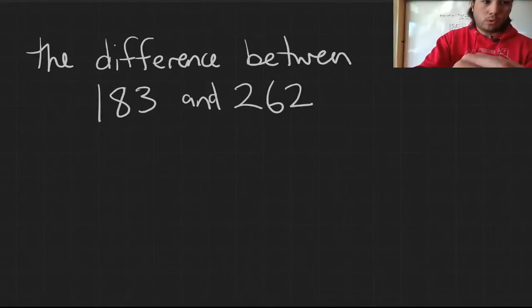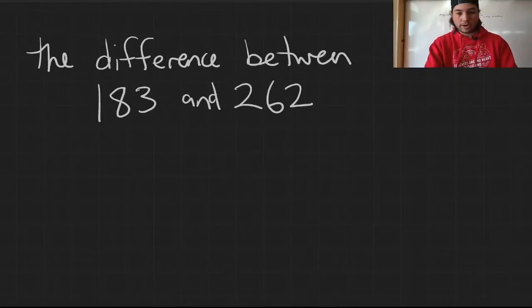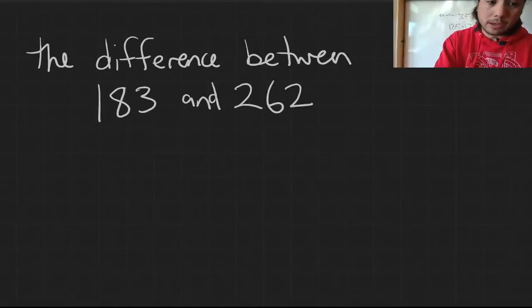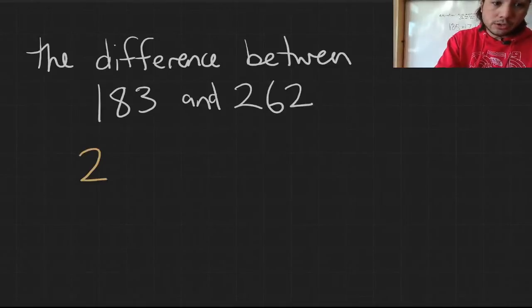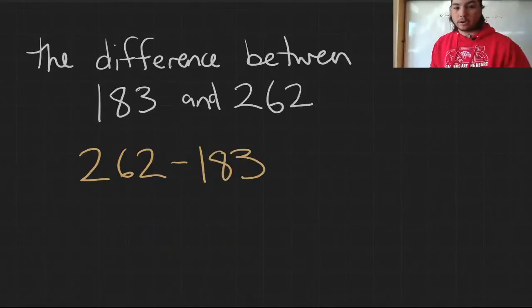Okay, so which one, 183 or 262, is greater? You're not saying in the chat, but I know you're thinking about it because I can read minds. 262 is greater than 183. So we would put that one first in our expression, and it would look like 262 minus 183.